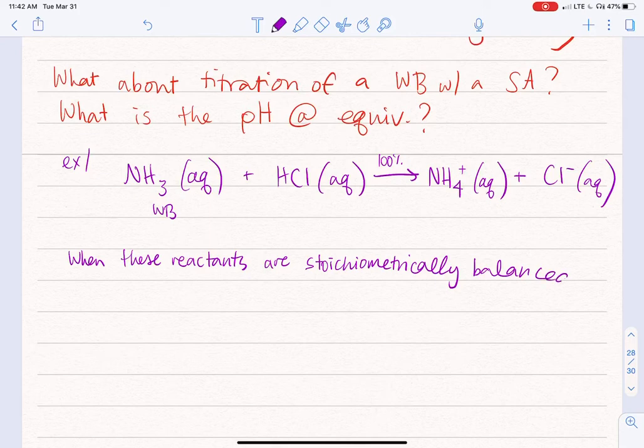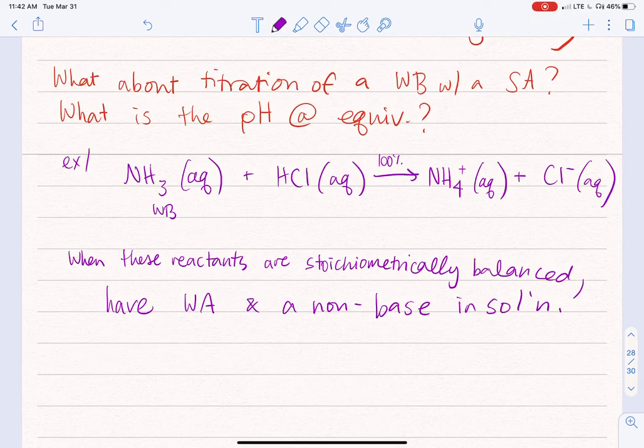Well, looking on the right side, we have just created the weak acid, ammonium, and the non-base, chloride. So that ammonium is going to dominate the pH in solution.